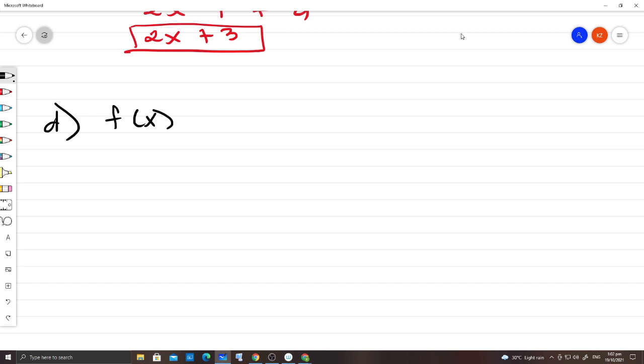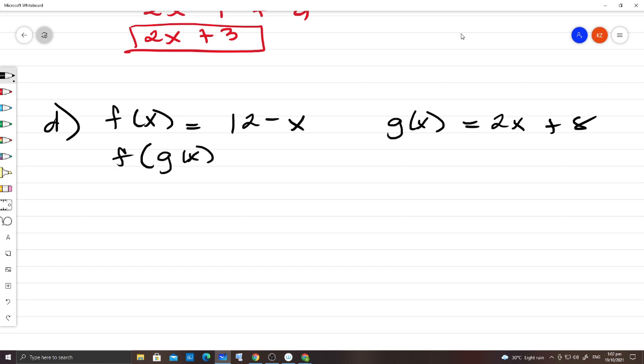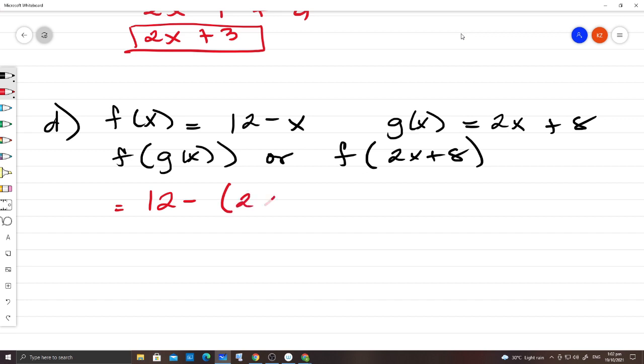f of x is equal to 12 minus x, and then g of x is equal to 2x plus 8. So f is composed of g of x, or f is composed of 2x plus 8. So we have 12 minus 2x plus 8.